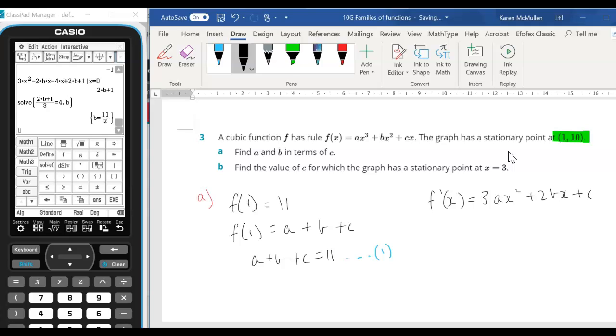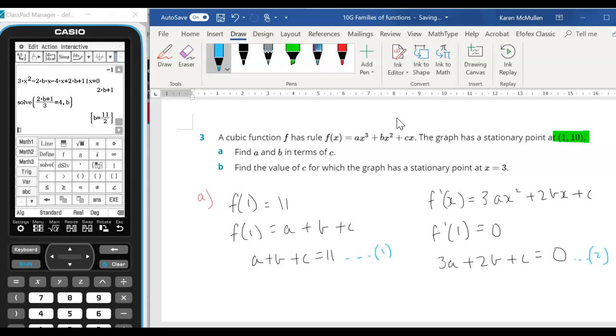Now it's a stationary point at x equals 1, so f dash 1 is equal to 0. So substituting in x equals 1, I'm going to have 3a plus 2b plus c is equal to 0. And there is my second equation.